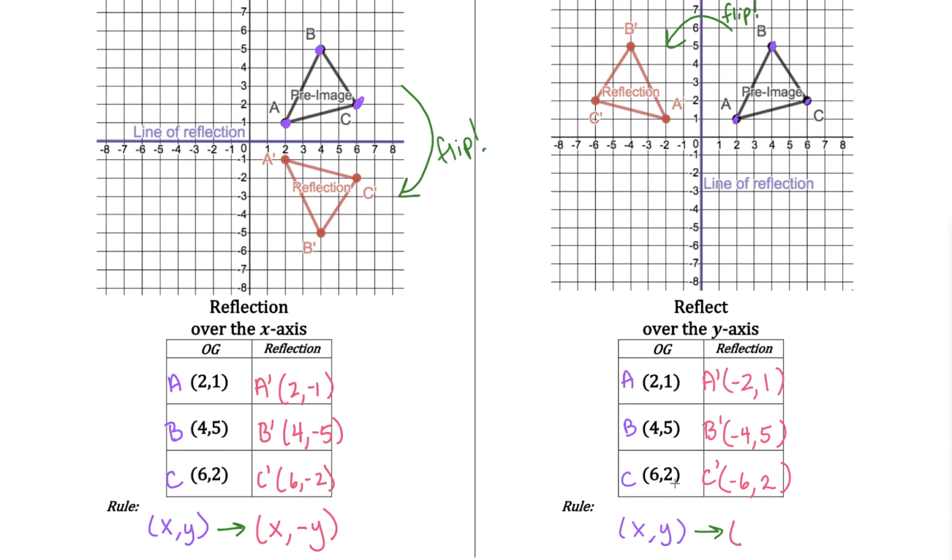See the 1, the 5, the 2 stay the same, but those are the Y's, right? Let me just highlight that right here, so y'all can see. So the Y's, the 1, the 5, and the 2 are the same. So the Y's, I'm going to write as just Y. But the X's, the 2 became -2, the 4 became -4, the 6 became -6, so -X.